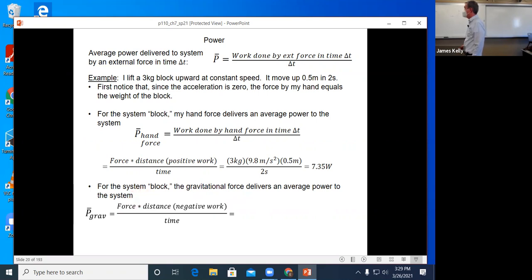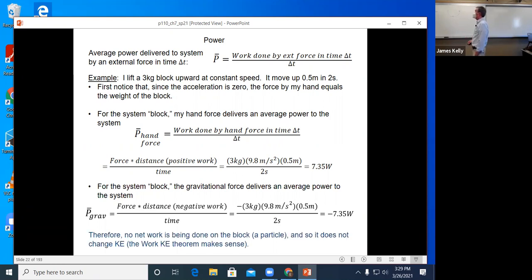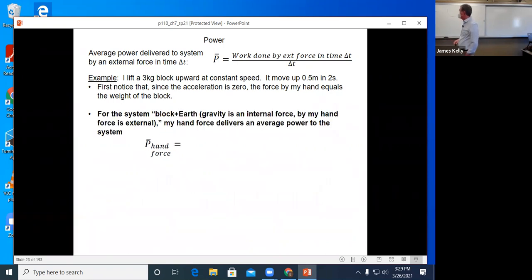And there again, the force is mg, but the force x component, if x is up, the direction of displacement, is going to be negative. So gravity is delivering negative power to it. And so overall, no power is being delivered to it. And that seems to agree with our work-kinetic energy theorem, right? If you do no overall work on something, it shouldn't be speeding up or slowing down.